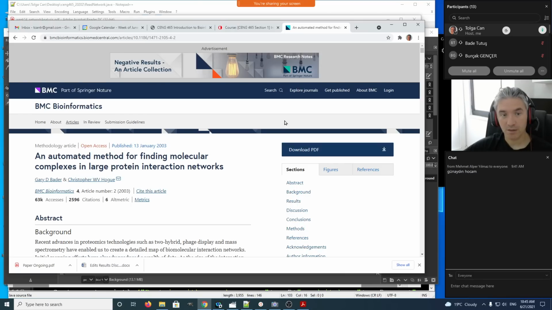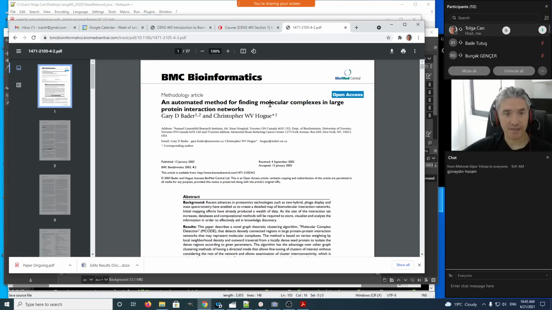So just like our in-complex type of edges, that's a protein interaction network. And how do you find molecular complexes automatically? What's a molecular complex? A molecular complex is a part of the network in which we have stable interactions. They form stable interactions, and it's like finding a community, finding a dense subgraph. In graph theoretic terms, our goal will be to find dense subgraphs in these networks.